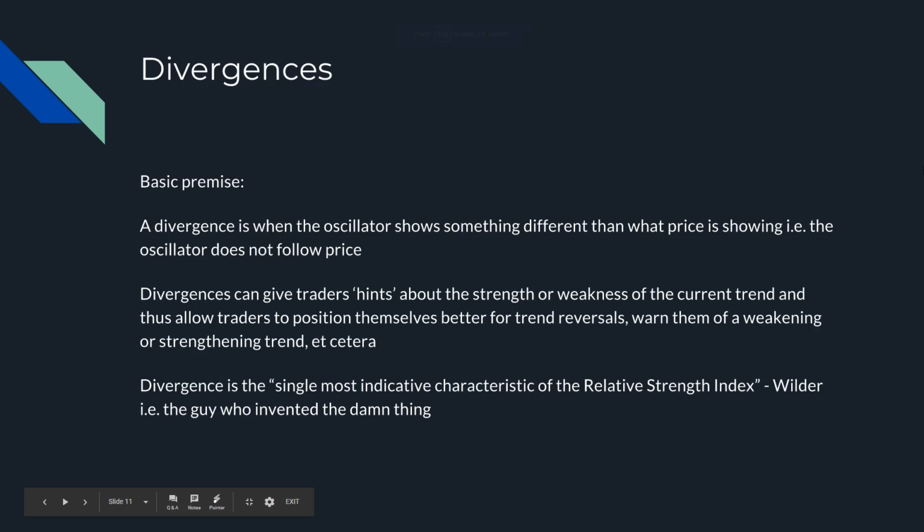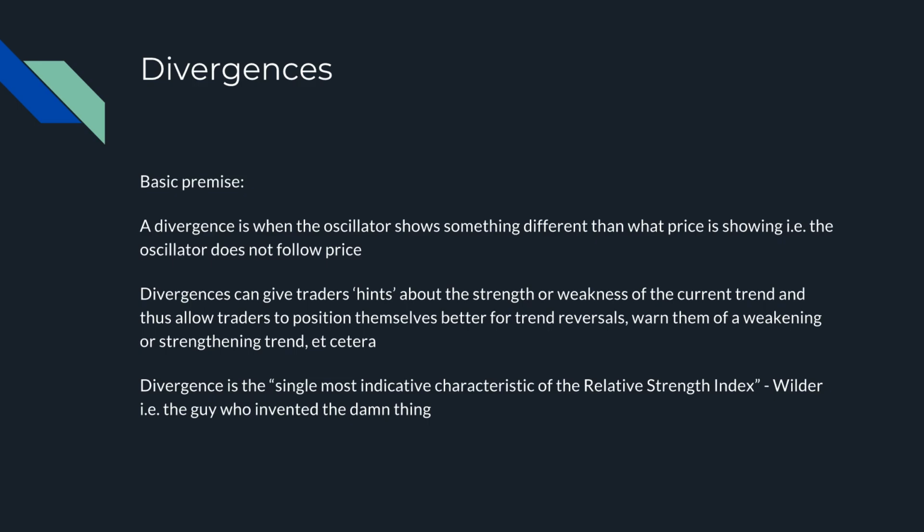So I think this is the most powerful tool you can have in your RSI arsenal, and that is divergences. The basic idea of a divergence you can figure out from just the English word, which is where the oscillator shows you something different than what price is showing. So it diverges from the price action.